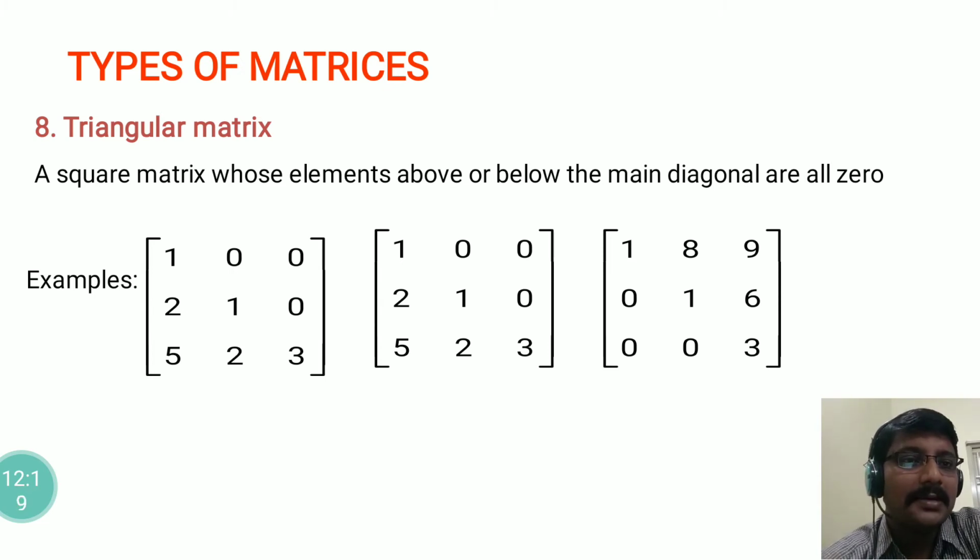But in the third example, the elements below the principal diagonal are zeros. Such matrices are known as triangular matrices. So a square matrix whose elements above or below the main diagonal are all zeros. Main diagonal means principal diagonal. So a triangular matrix may be either upper triangular or lower triangular.